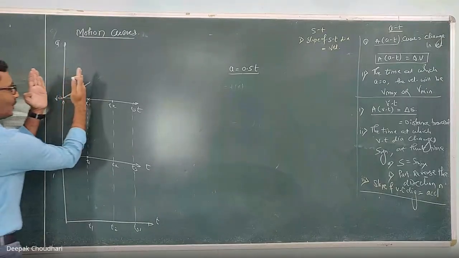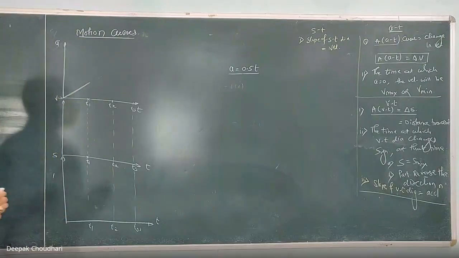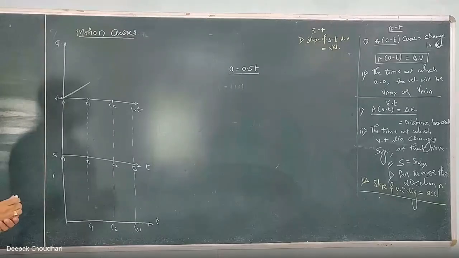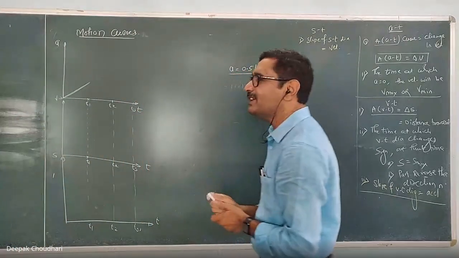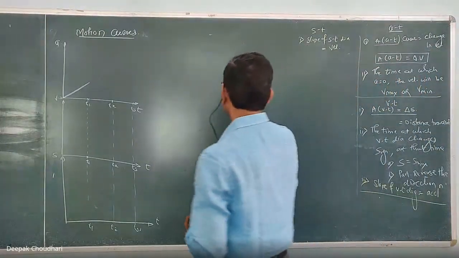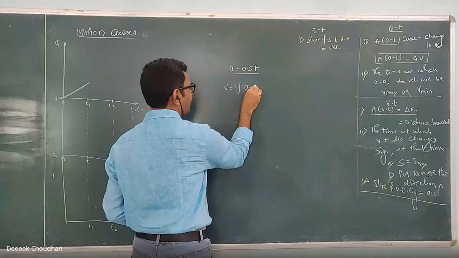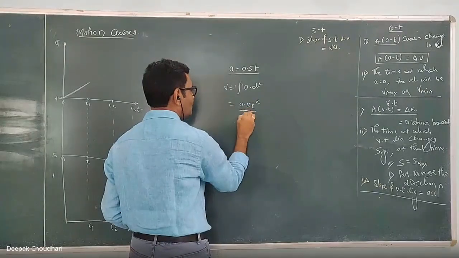Now, for this corresponding AT diagram, I have to plot the VT diagram. When I plot the VT diagram, to get the equation of VT I have to integrate this. Isn't it? So V equals integration of A dt, which is equal to 0.5 t square upon 2. Am I right?